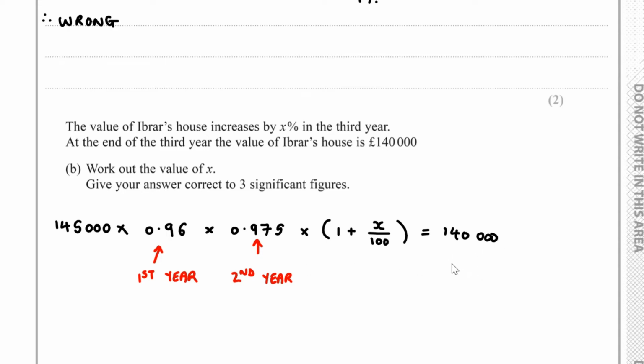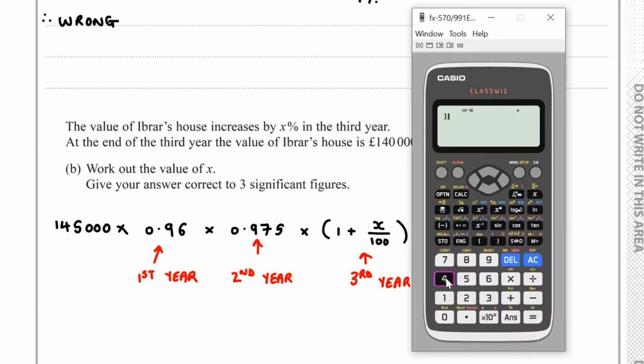So we need to work out what X is. So 145,000 multiplied by 0.96 multiplied by 0.975.